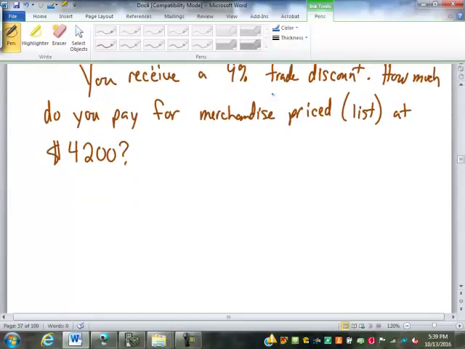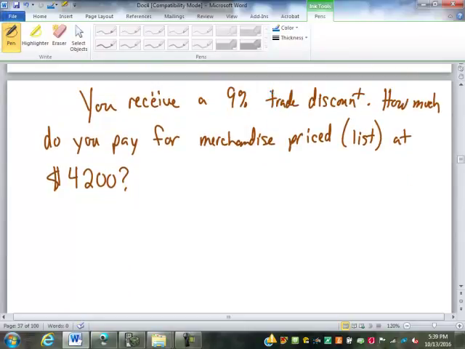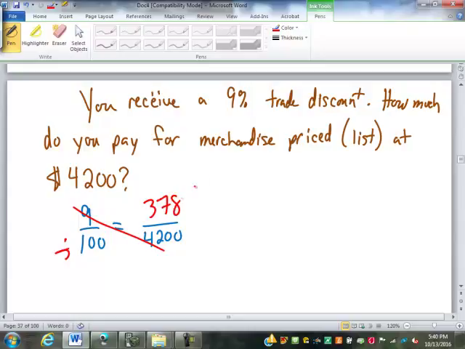Now this is just like the discount increase and decrease problems we did back in Unit 1. We could find 9% of the $4,200, which is the full price, so that does match up with the 100. So 9% of 4,200. We cross multiply and divide. 9 times 4,200 divided by 100 is going to give us what, 378?